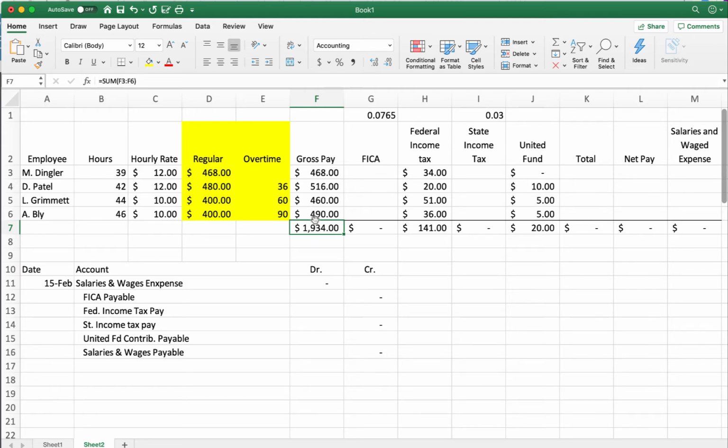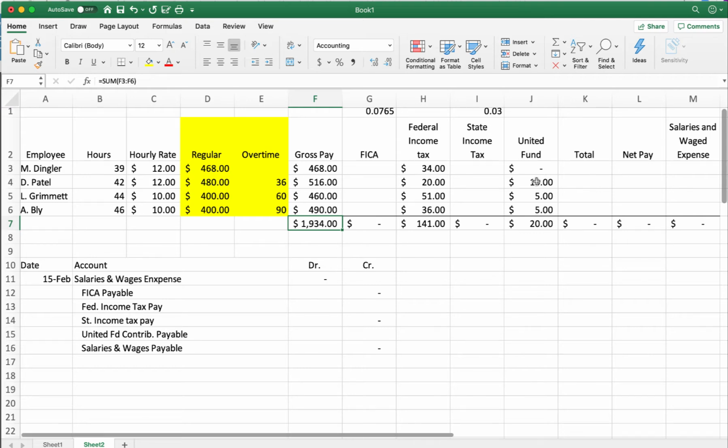Okay? Now, I'm going to jump around just a little bit. We have gross pay. You got to calculate FICA. We got to include the federal income tax. We got to calculate the state tax. We got to include the United Fund contribution that the employee elected.